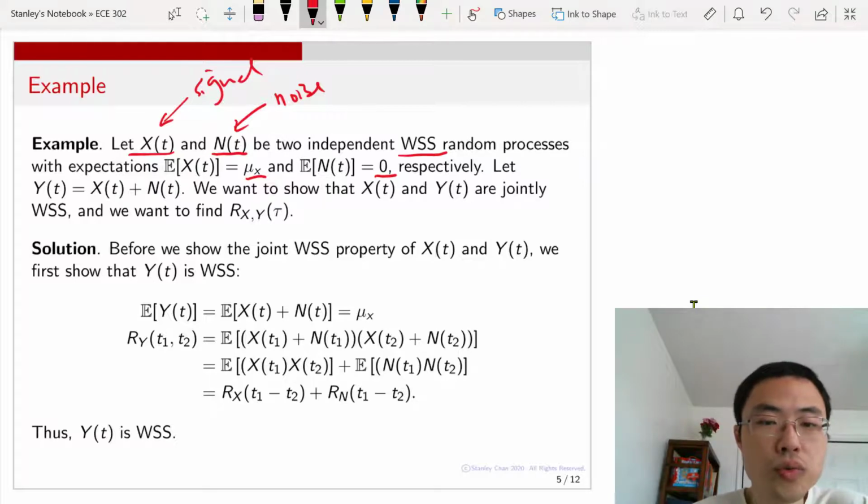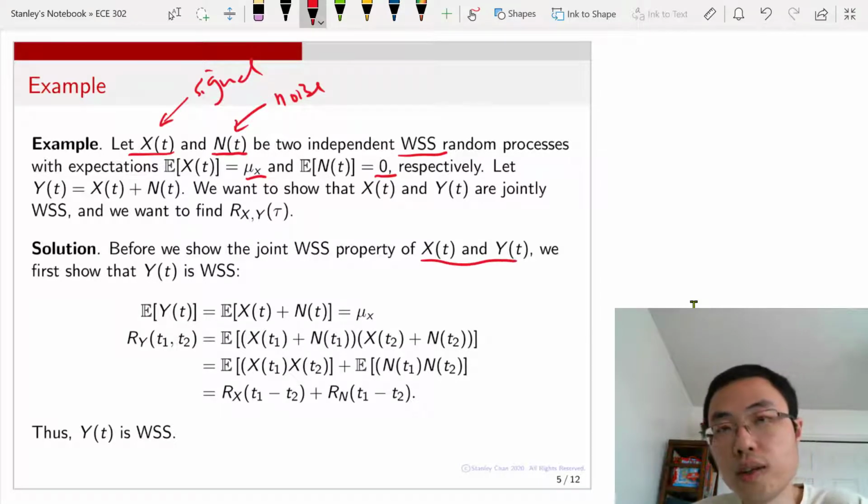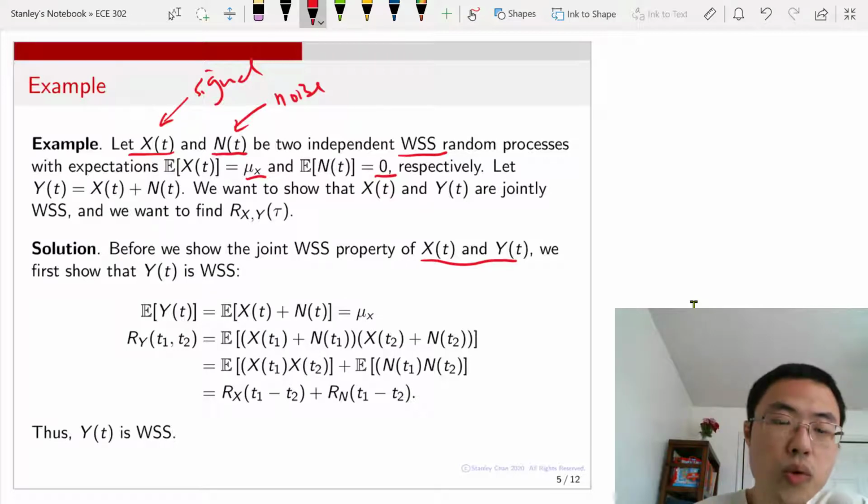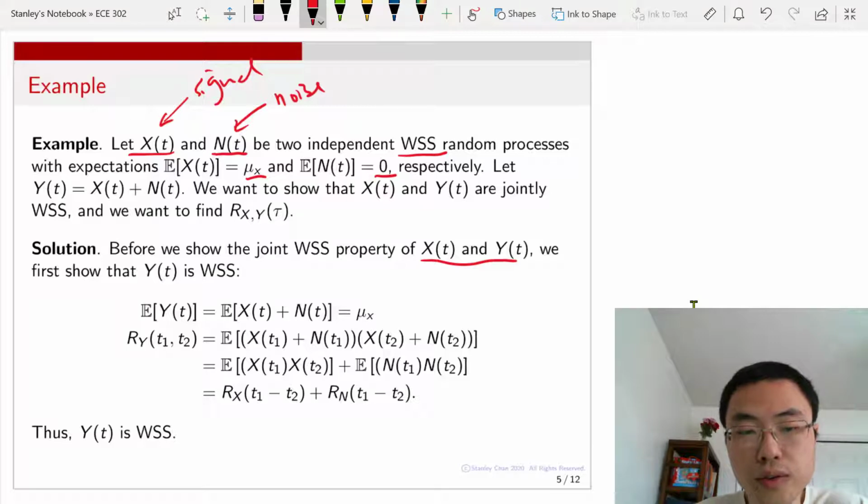Before we actually show that x and y are jointly wide-sense stationary, we first need to verify that y is wide-sense stationary, because in order to prove that x and y are jointly wide-sense stationary, the first thing is to prove that they're both wide-sense stationary. So to show that y is wide-sense stationary, we can just look at the mean and also the autocorrelation function, and show that the mean is a constant and the autocorrelation function is a function of the time difference.